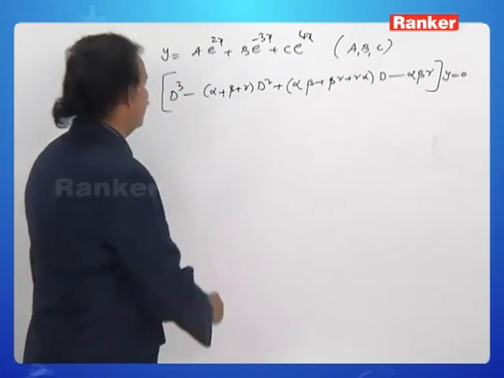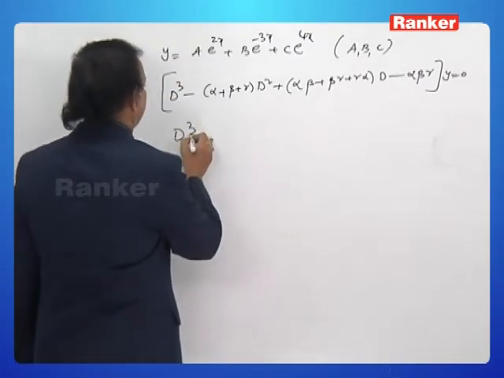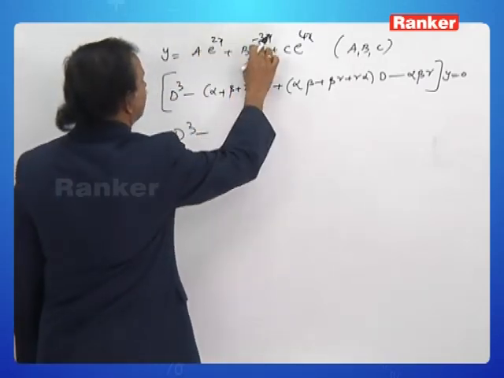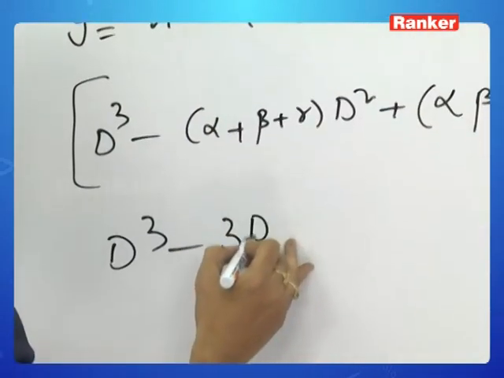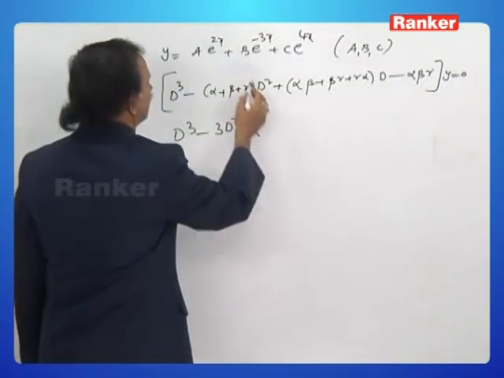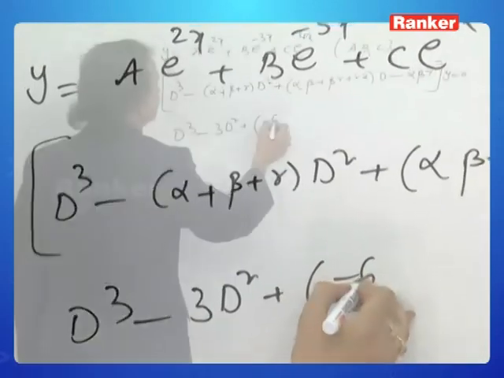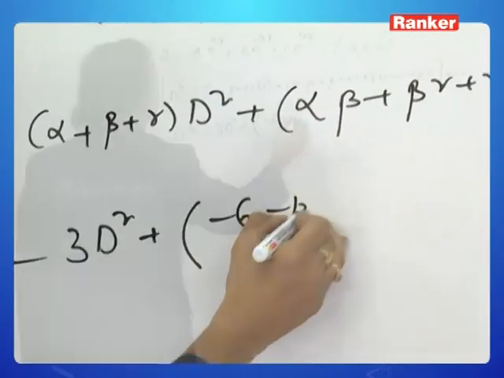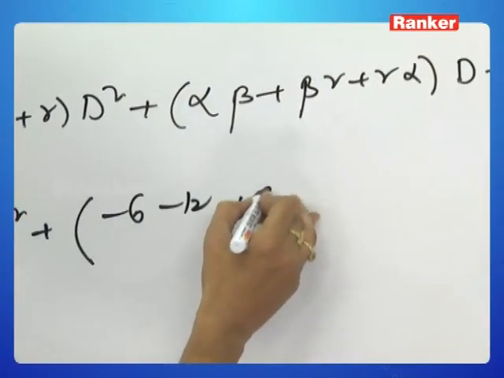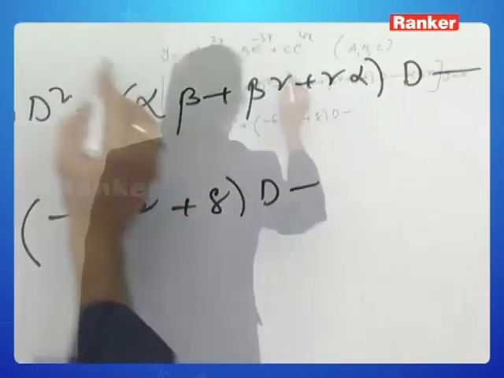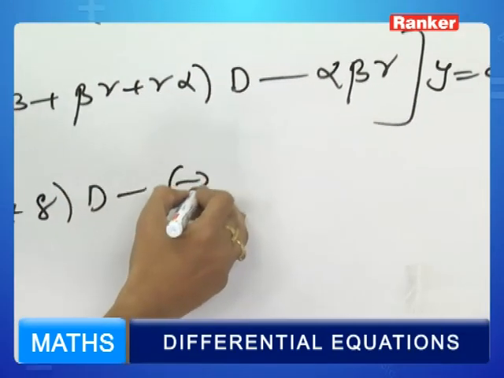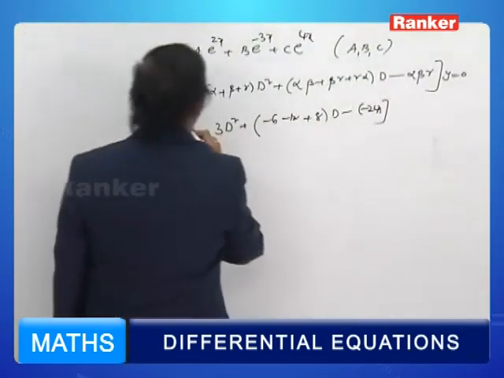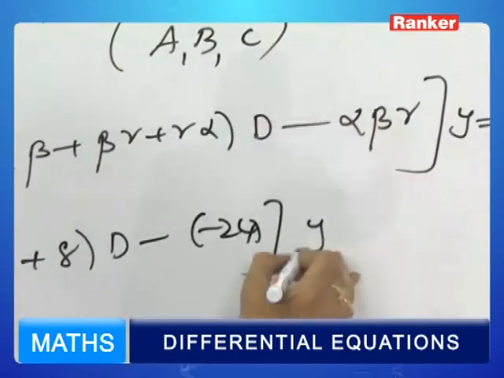That is d cube minus 2 minus 3 plus 4. How much? 6 minus 3 is 3. 3d square plus alpha beta minus 6, beta gamma minus 12, gamma alpha 8 of d. Alpha beta gamma, 2 into minus 3 into 4, minus 24, minus 24 of y is equal to 0.